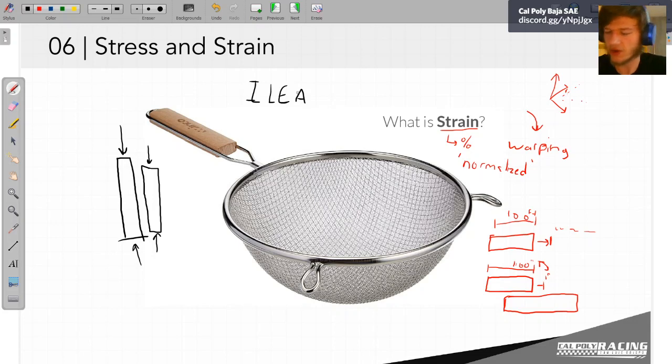Oh, that should be an M, not an A. The isotropic linear elastic model assumes that these are all comparatively small deformations. So in the case of my mystery beam here, we're talking less than 2% change. And usually it's less than 1%.